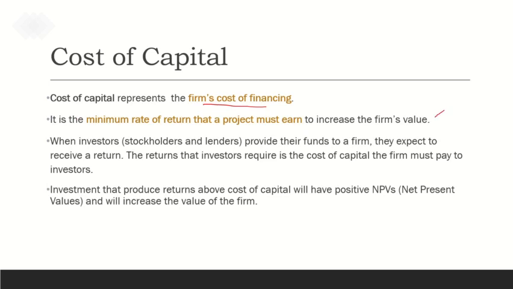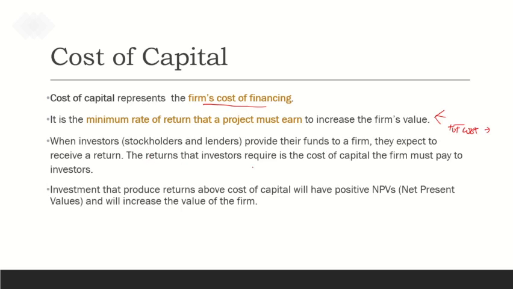Maksudnya, kalau dia ada 3 jenis financing, dia kena kira berapa total cost. Okay, adakah return yang dia akan dapat dengan projek tersebut lebih tinggi daripada total cost tadi. So when investors provide their funds to a firm, they expect to receive a return.